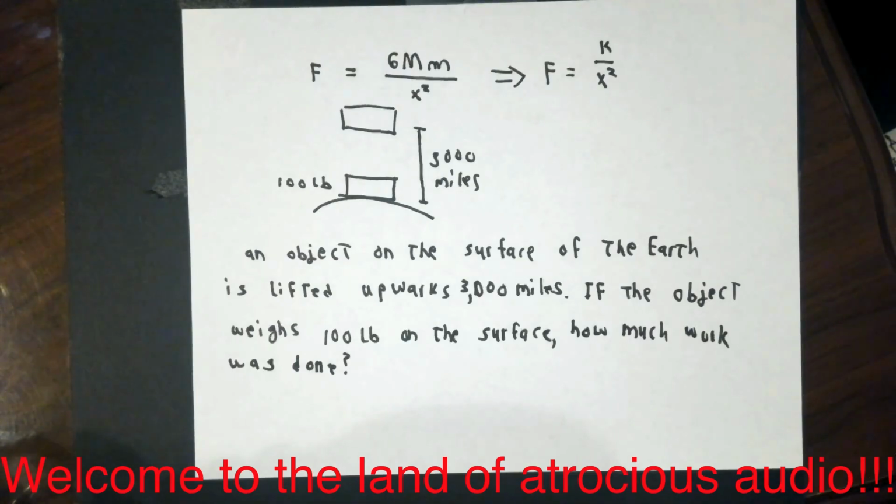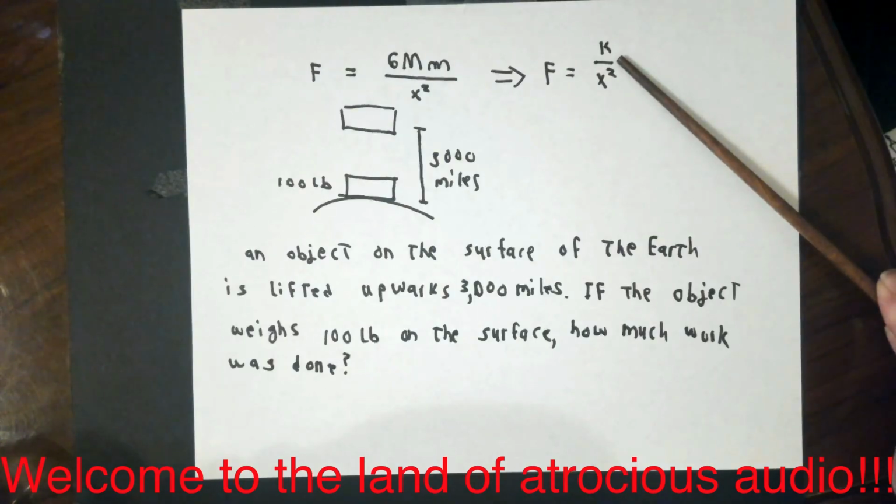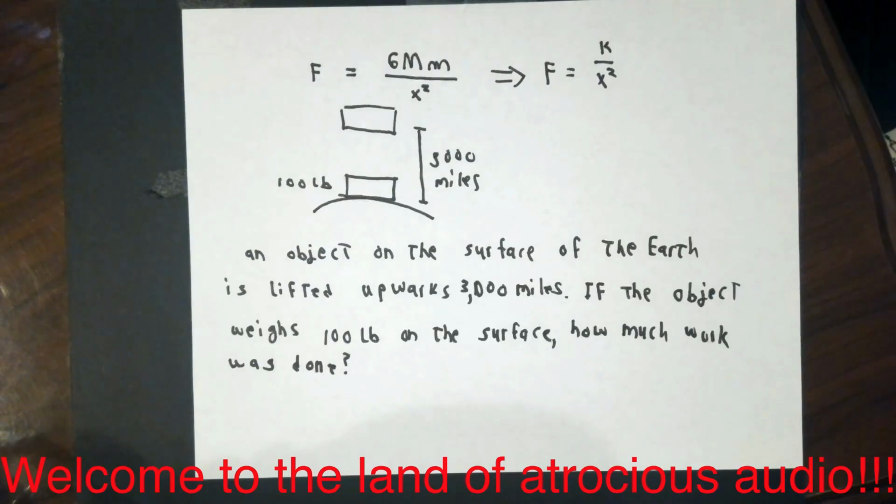Imagine that you have an object that on the surface of the Earth weighs 100 pounds. That object is lifted upwards by 3,000 miles. Since the radius of the Earth is about 4,000 miles, my x value goes from 4,000 to 4,000 plus 3,000, or 7,000 miles.